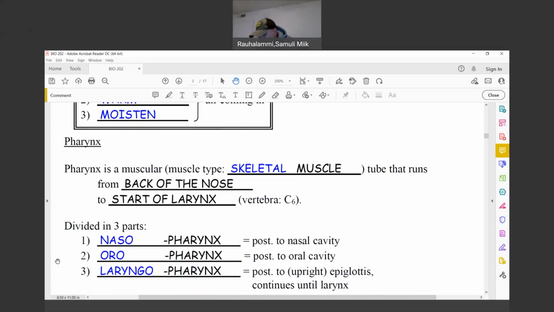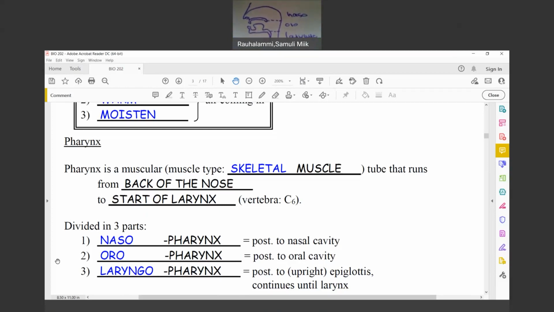And while I'm doing that, I just want to remind you that the pharynx was named based on the relation to the other locations that we're going to see. So the area immediately behind the nasal cavity was known as our nasopharynx.